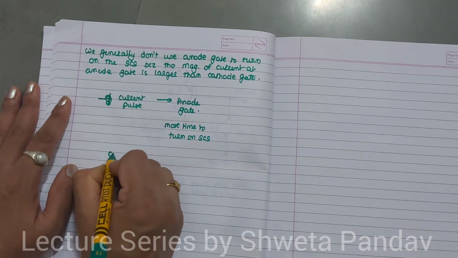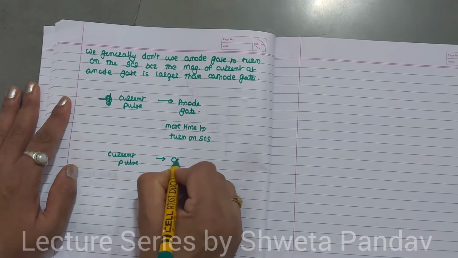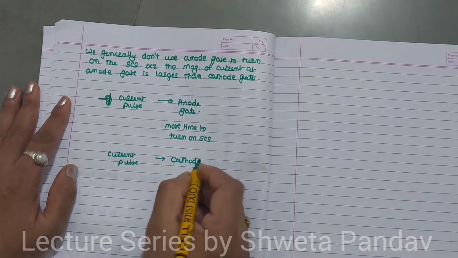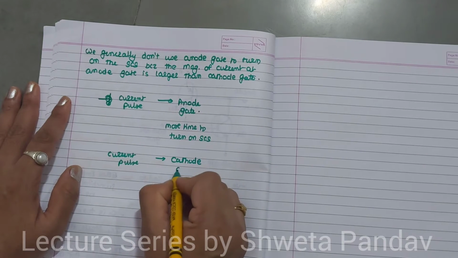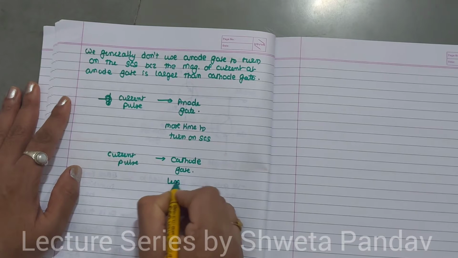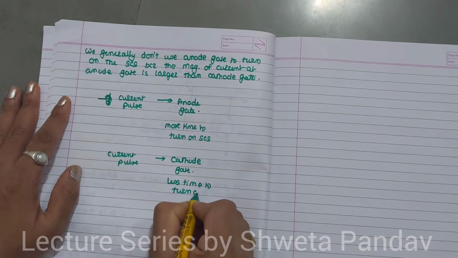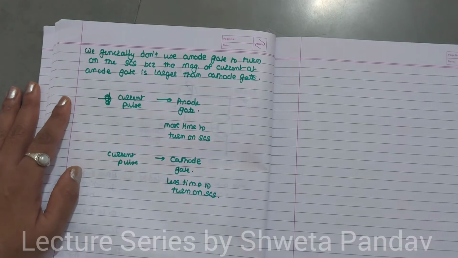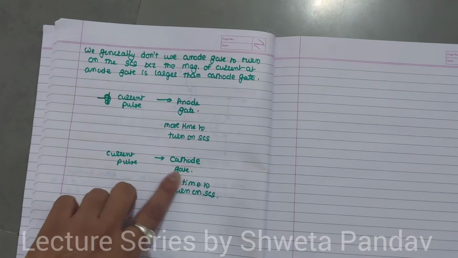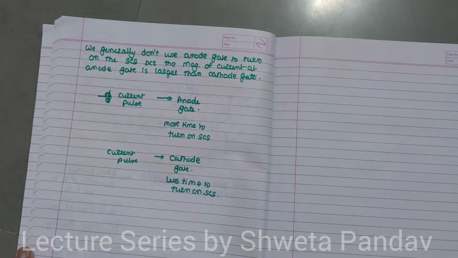But at the same time, if I am using the current pulse at the cathode gate, we require a lesser magnitude of the current pulse, so it will take less time to turn on the SCS. So we will prefer the cathode gate to turn on the SCS and the anode gate to turn off the SCS.